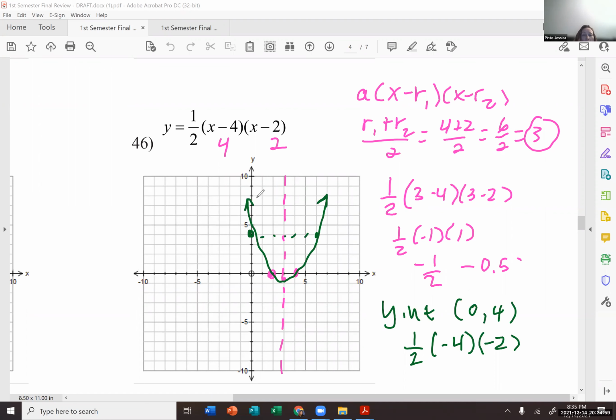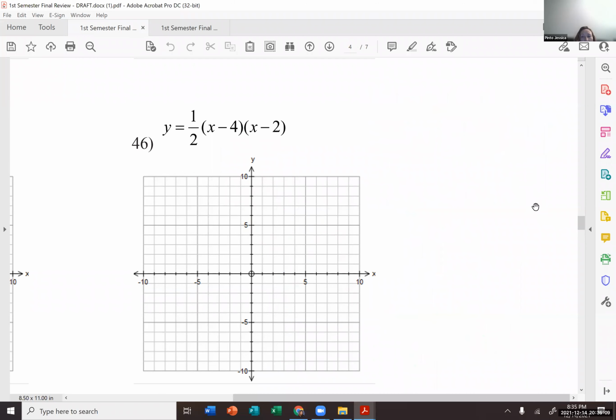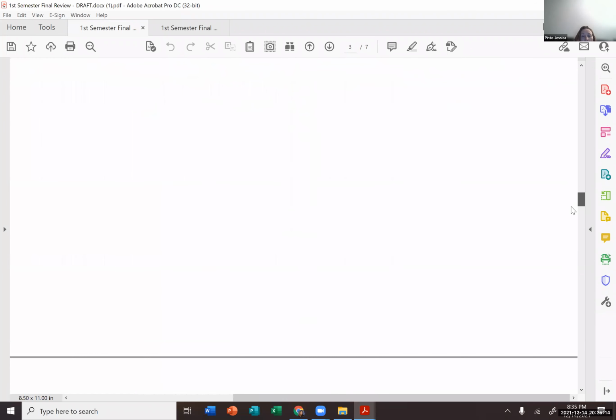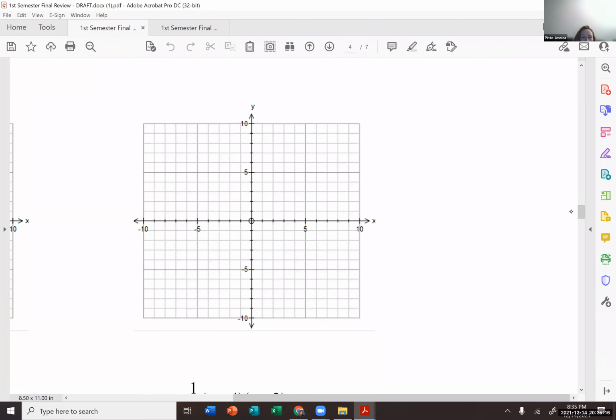The important thing to know is that those are the x-intercepts. I don't know if there were any extra questions on this, like if they asked me about anything. Okay, domain, range, minimum, and maximum. So the domain is all real numbers. We say negative infinity to infinity.